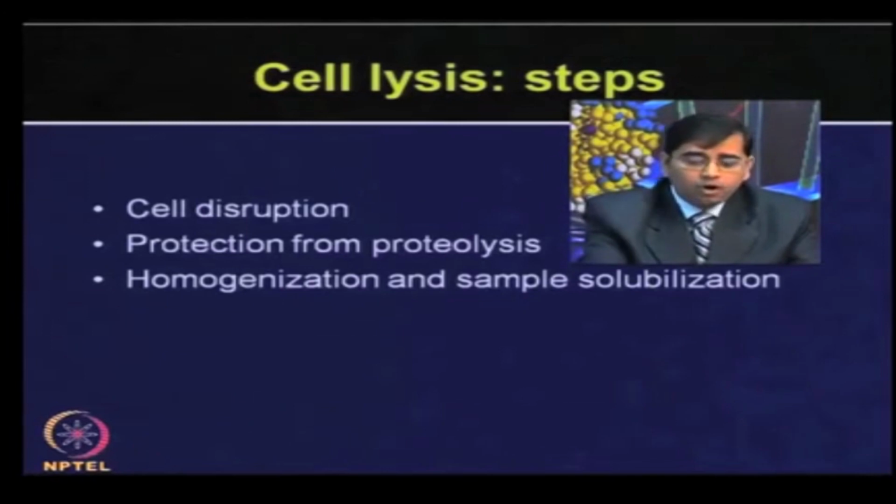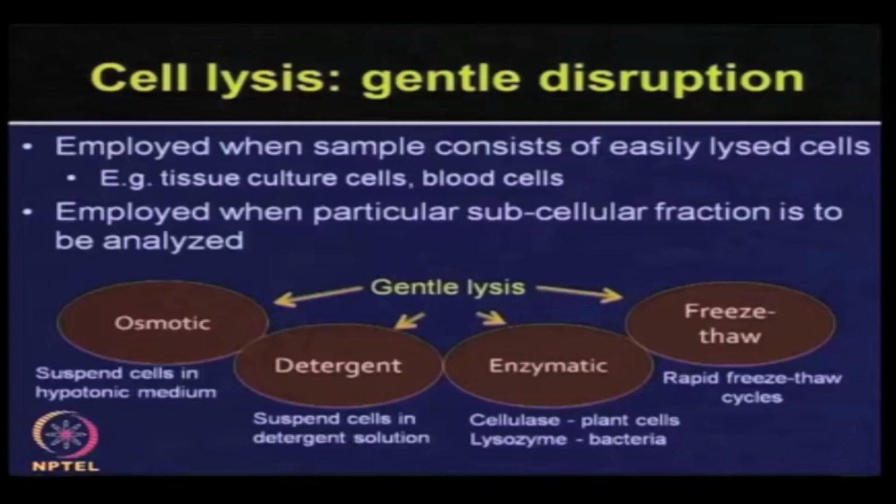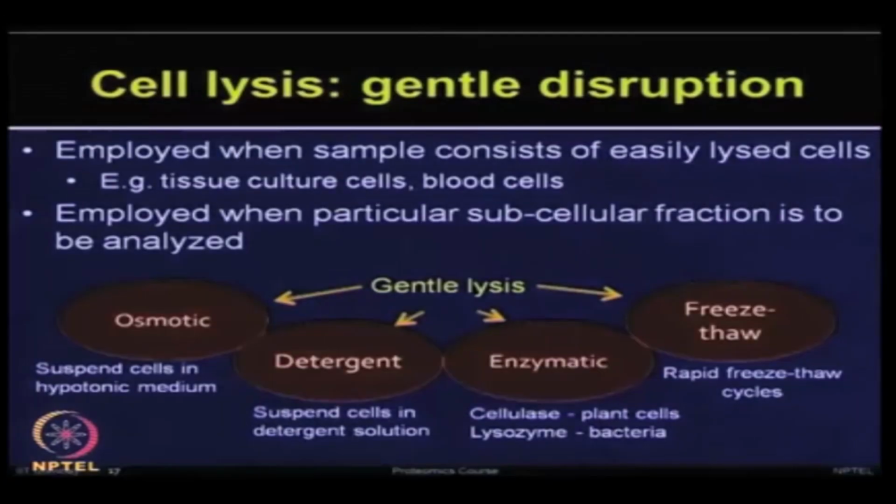I will describe all of this in more detail. Cell lysis can be performed in a gentle way or in harsh conditions, depending upon the type of cells you want to disrupt.